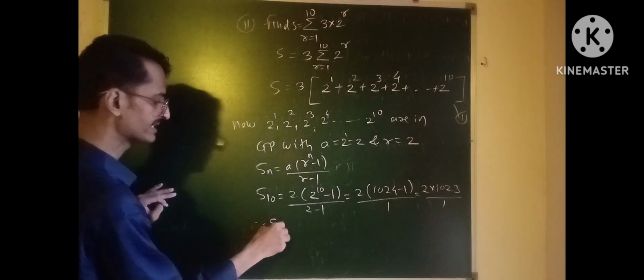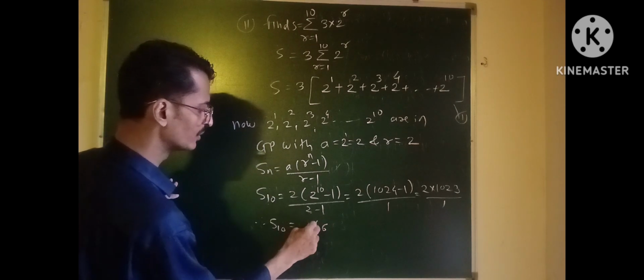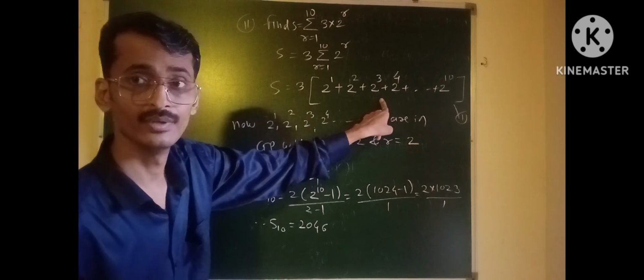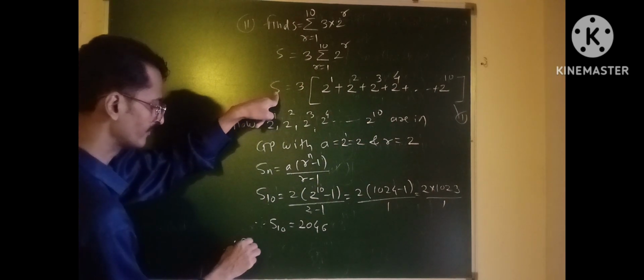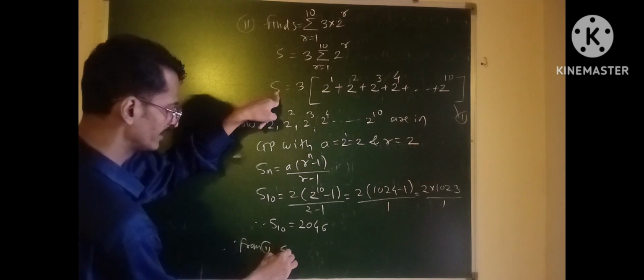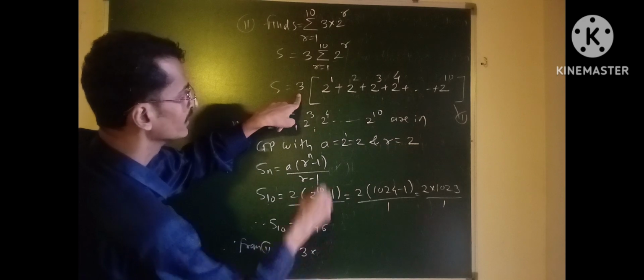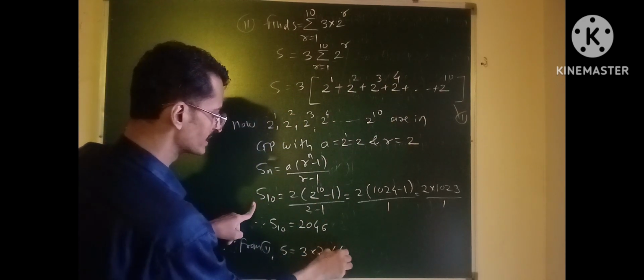Therefore S10 is multiplied by 2: 2 3s are 6, 2 2s are 4, 0, 2 1s are 2. So S10 is 2046. We want this sigma, that is S. Therefore the required sum S is 3 into this sum S10, that is 3 into 2046.